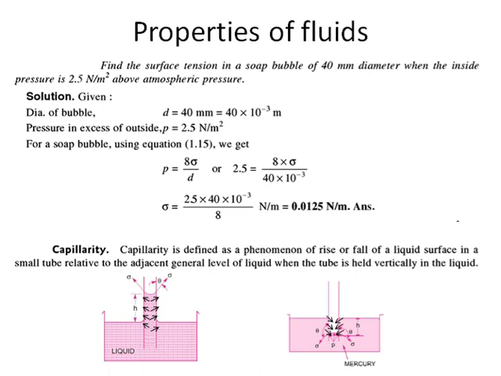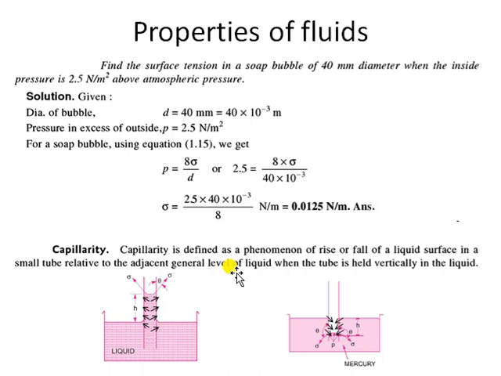Now moving to the next property of the fluid, that is capillarity. Before going to the definition of capillarity, I want to draw your attention towards some natural phenomena. When we plant trees, the trees get nutrients and water from the ground.